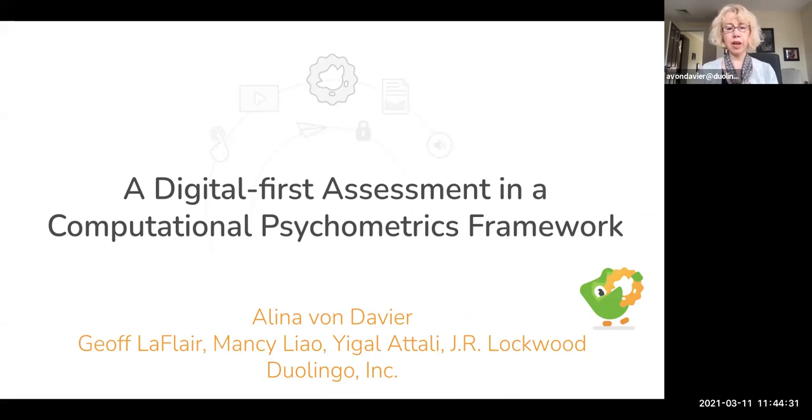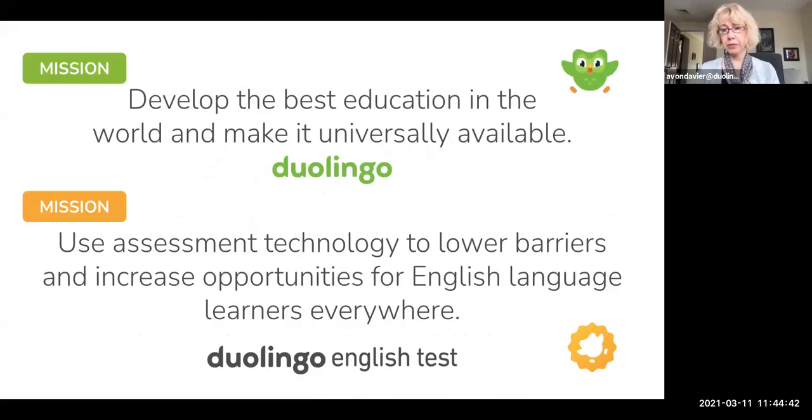As I mentioned before, I want to acknowledge my team members that have worked on different parts of what I will be presenting today. I also want to share first with you the missions, both the mission for the Duolingo English test, but also the mission for the company at large, because I believe it's relevant that you know what are the criteria through which every judgment for the test or for other products is made.